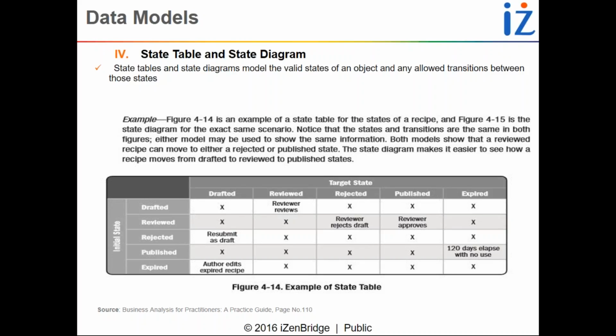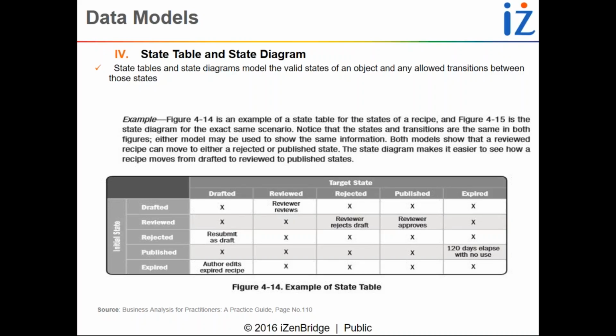In that case, we can represent that information using state table and state diagram. If, due to some event, there is a transition between these states, then we need to show those transitions.